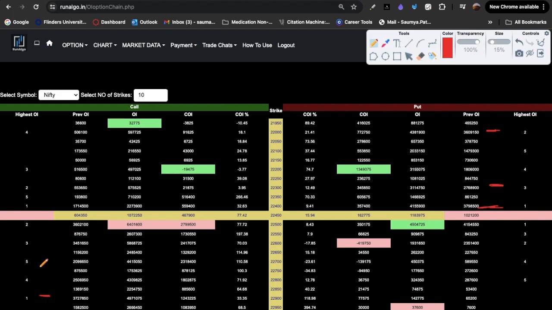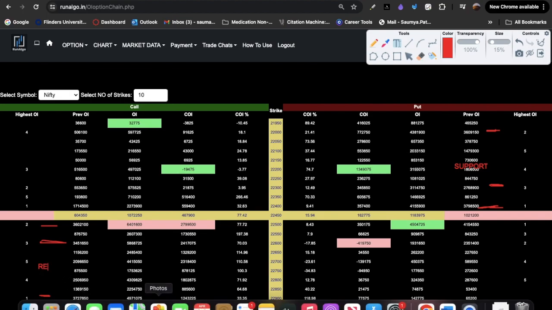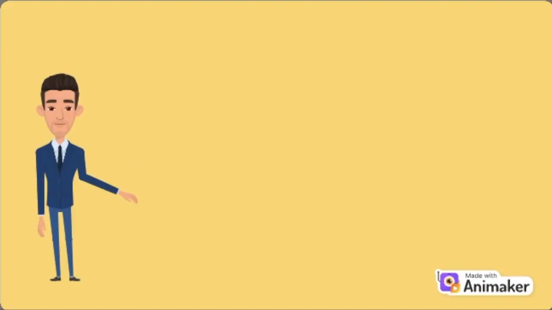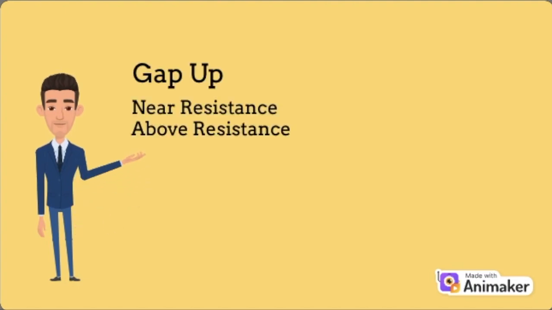What you can do is when the market opens the next day, you can see if there is a major gap, upwards or downwards. If it's near a support, you can use this data to understand if it will reverse or if it will go the same direction. What I mean by that is, if it gaps up, there are multiple ways.